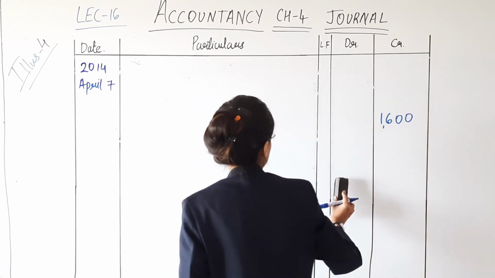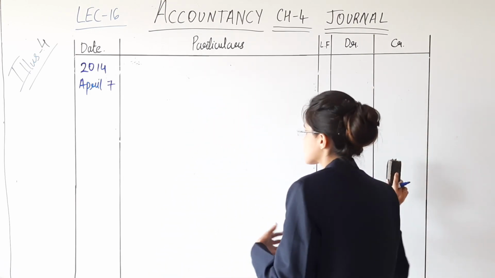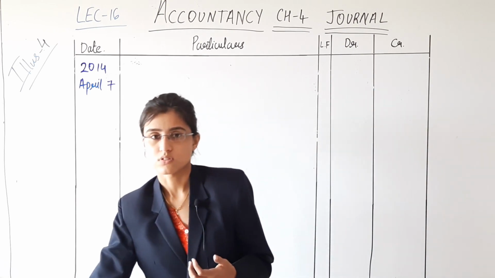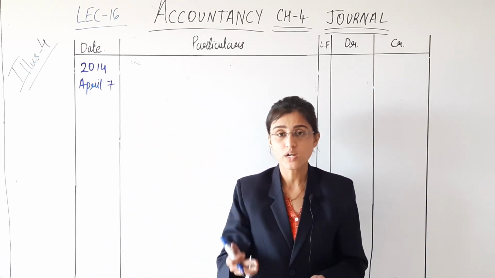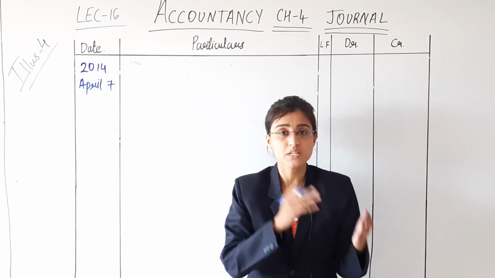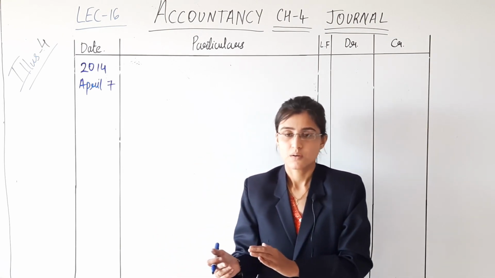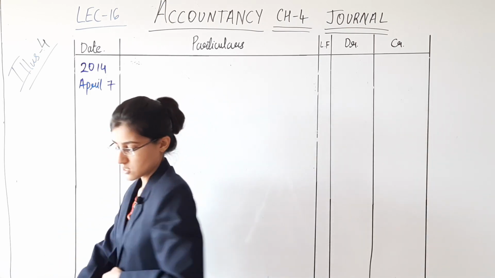Firstly, donation is an expense. Obviously, we are not charging for this. So this is our expense. You have donated goods, which are goods that you have purchased for sale. So donation, let me change the date.